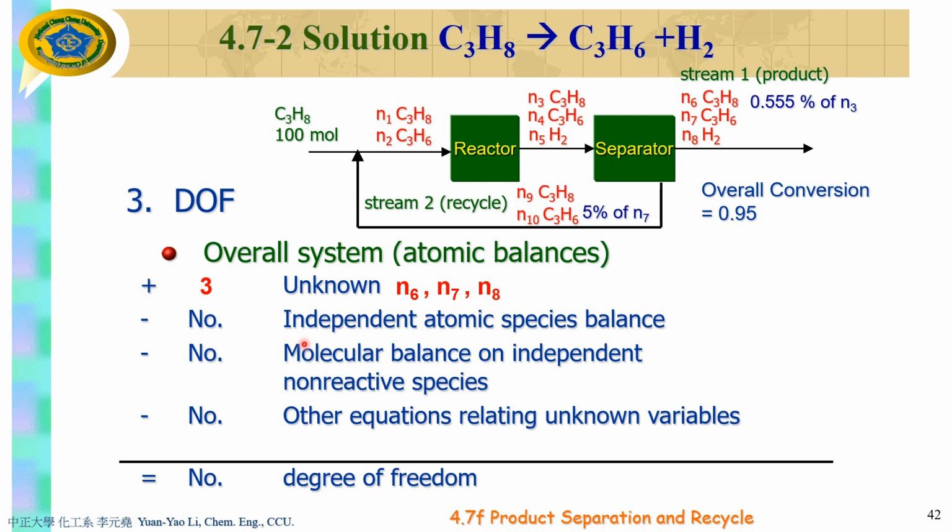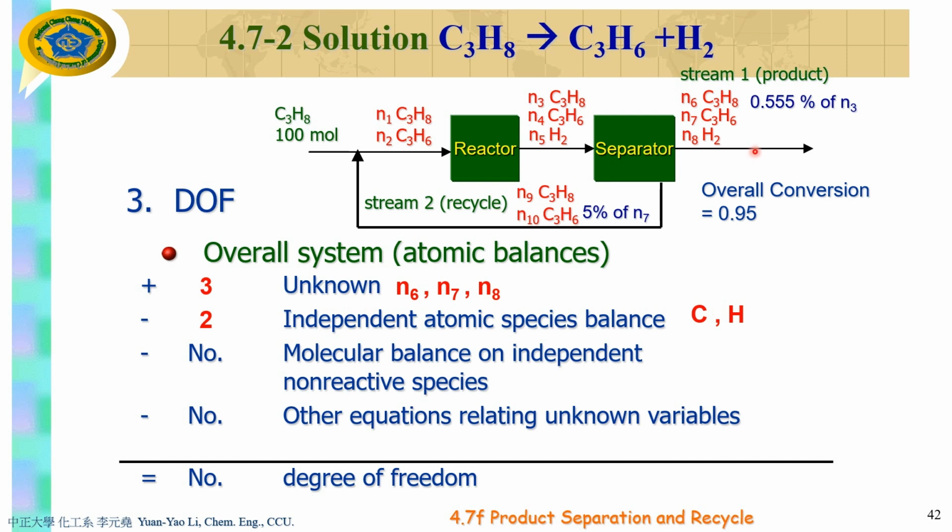So how many independent atomic species balances can you use? In this system, how many chemical reaction species can you use? 2, right? Carbon and hydrogen. Carbon input equal to carbon output. Hydrogen input equal to hydrogen output.